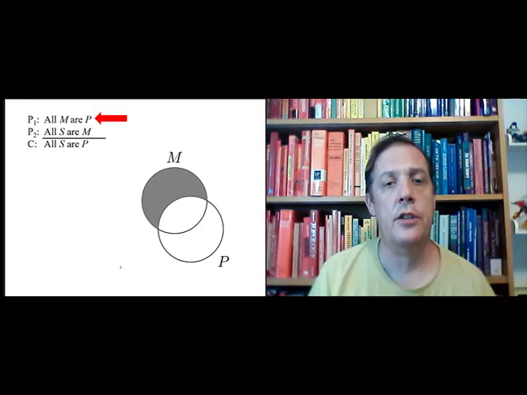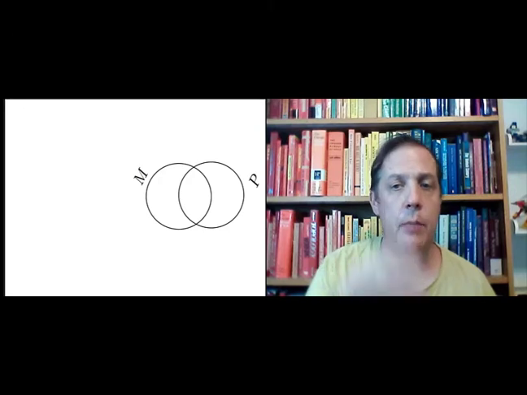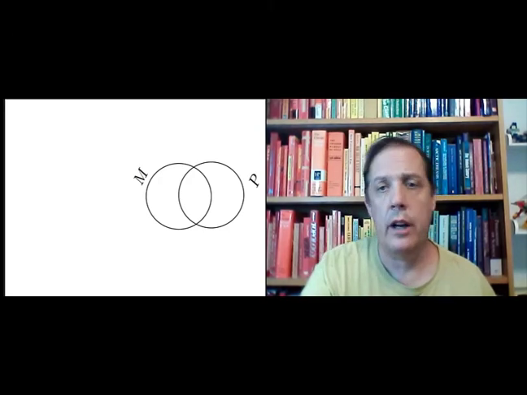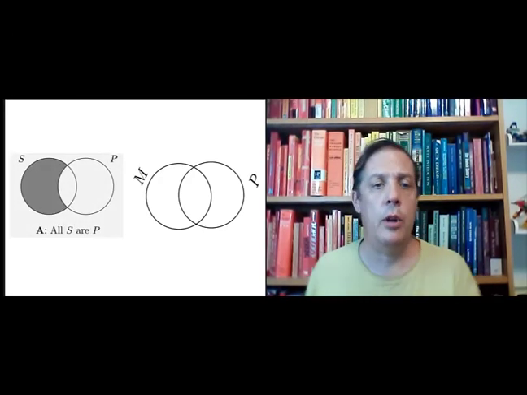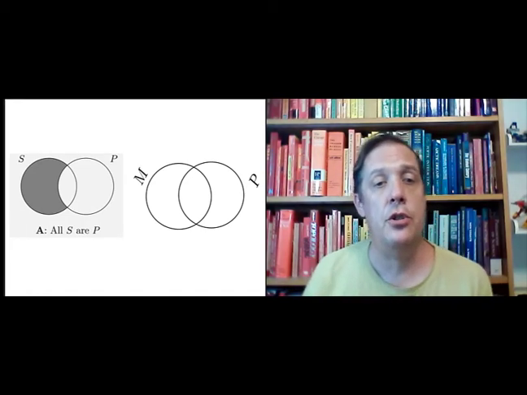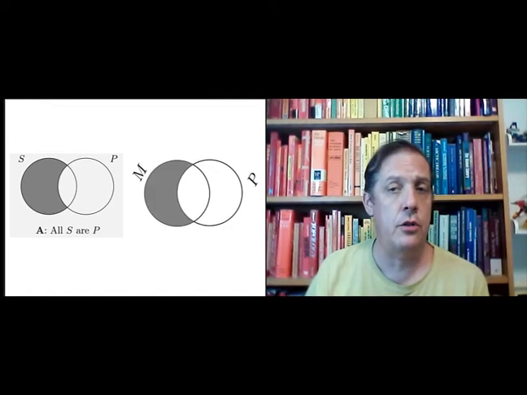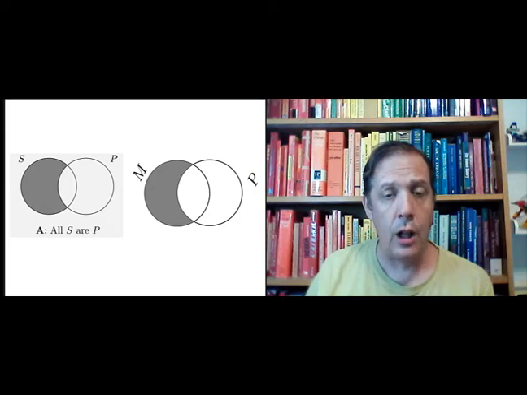And we can probably see this better if we actually turn the diagram on its side, right? So if we have the M and the P side by side like that, we now compare it to the original diagram that we had for A statements with all S are P, you see that you shade that area 1 over there, and so that's how you do it over here for all M are P.